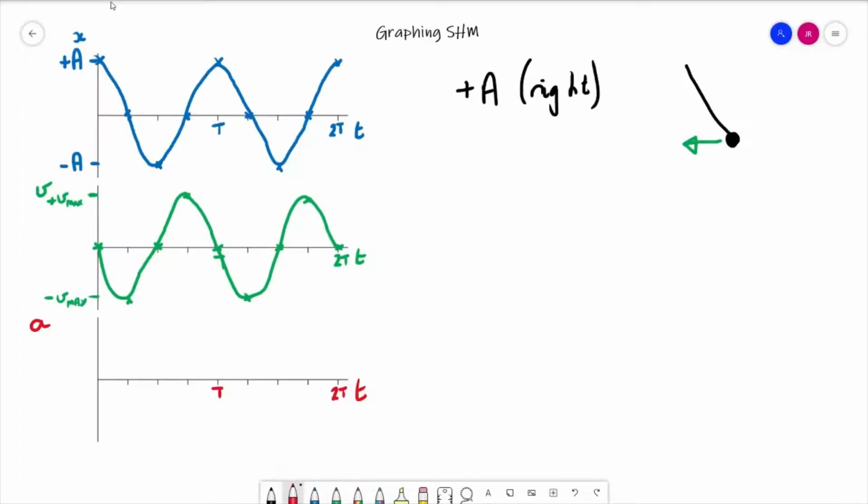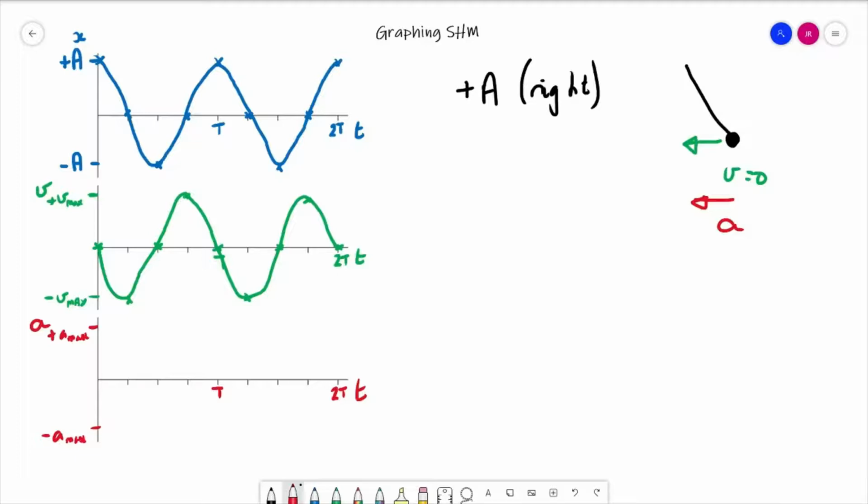Finally then, for acceleration, once again we can have positive A max and we can have negative A max on our graph. Now there's a couple of different ways that we can look at this. Firstly, we can note that at this positive amplitude position velocity is 0 and then it moves to the left, and therefore acceleration at that point must be acting to the left as well, and therefore acceleration will start off being negative.